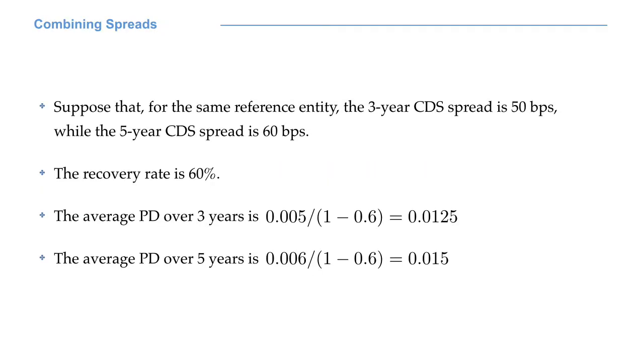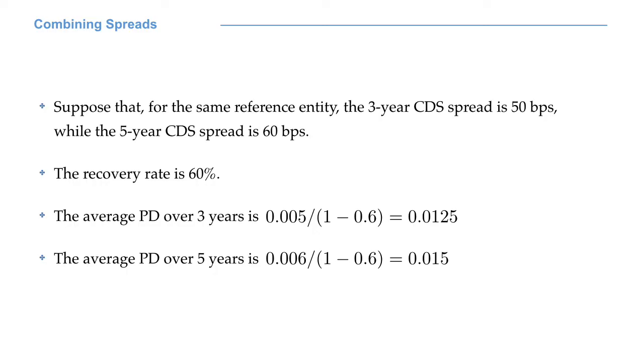Credit spreads can also be combined to obtain the so-called intermediate PDs. Suppose that for the same reference entity, the 3-year CDS spread is 50 basis points, while the 5-year CDS spread is 60 basis points. The recovery rate is assumed to be 60%.